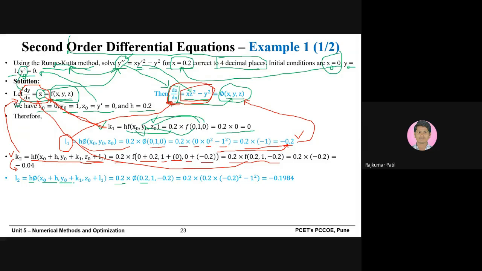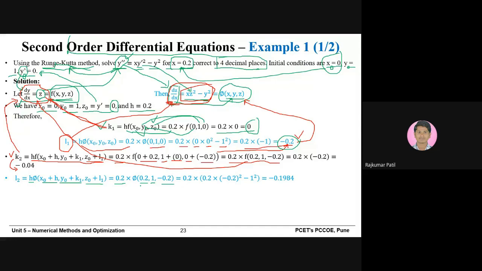Y naught plus k1, so y naught is 1, and k1 we estimated here, that is 0. So you will see y naught plus k1 as 1, and z naught plus L1. So z naught is 0, and L1 we just estimated here as minus 0.2. So z naught plus L1 will be minus 0.2.